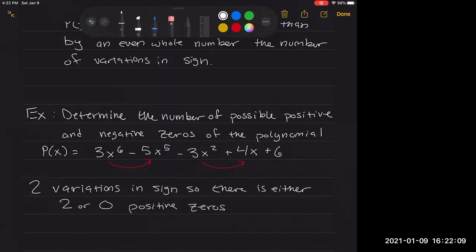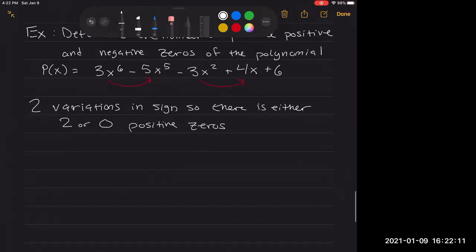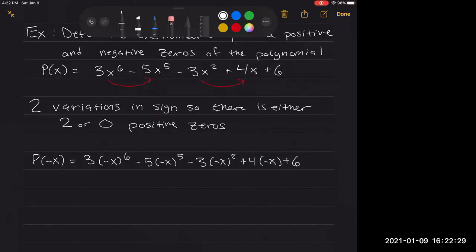All right, and now we're going to look at P of negative x. So this is 3 times negative x to the 6th minus 5 times negative x to the 5th minus 3 times negative x squared plus 4 times negative x plus 6. Now we're going to rewrite it. And remember, when you have a negative number to an even power, that becomes positive.